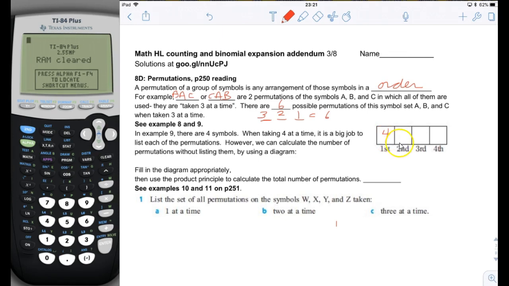In the second position, you've already used one, so you have a possible 3 to put in that one. In the third box, you could put any one of the 2 that are remaining. And in the fourth box, there's only one remaining. To find the total number of permutations, you multiply 4 times 3 times 2 times 1. That gives you 24.